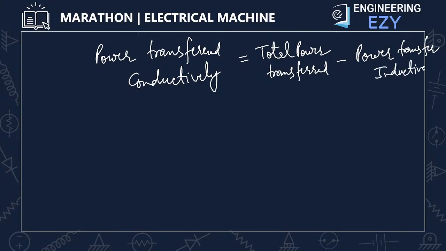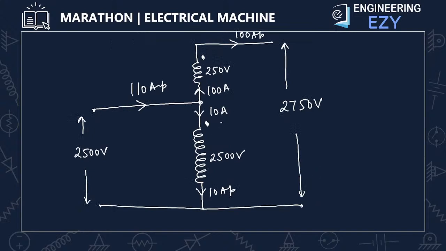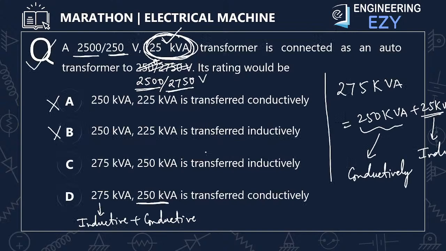And power transferred inductively is always the rating of the two winding transformer. So it is 275 minus 25, that is 250 kVA. Or alternatively, you can calculate the power transferred conductively as the power rating of the common winding, and the common winding between the primary and secondary is 2500 multiplied by 10. So the correct answer is D. D is the correct answer of this question.